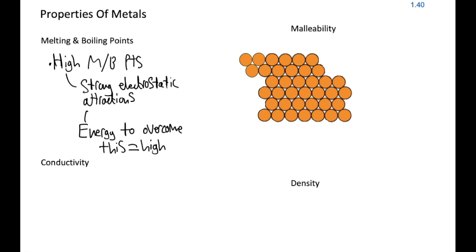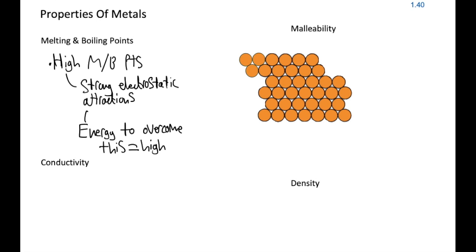And because the electrostatic attractions are so strong, a lot of energy is required to overcome and break this attraction. So most metals do have high melting and boiling points, and they're nearly always solids at room temperature.